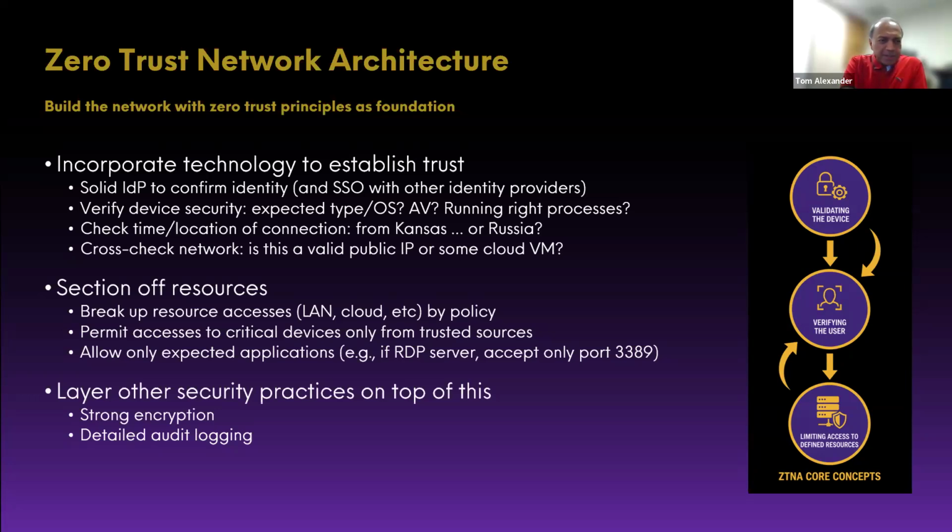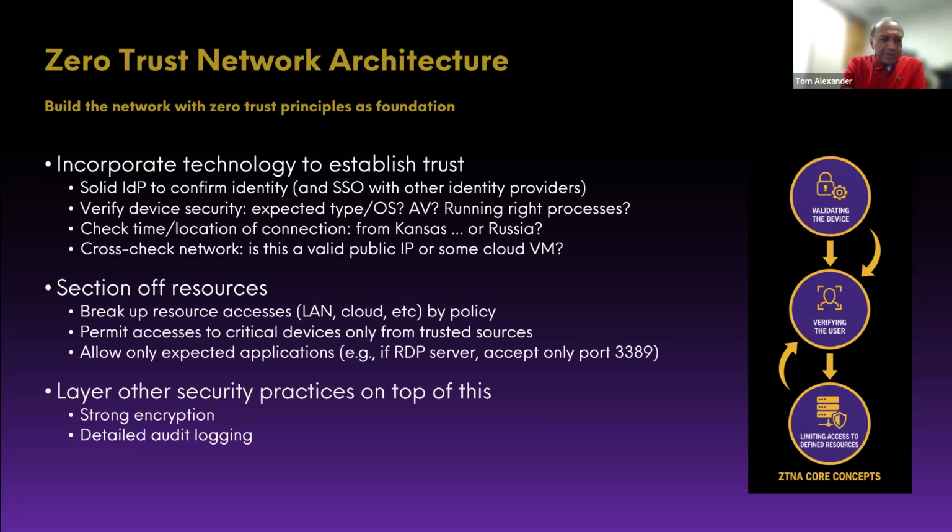Once the trust is established, then it is possible to start breaking off resources. So you can break up the access by policy. If you've got a set of fairly critical servers, devices, whatever, then you can say those accesses only come from these trusted sources, and you're only allowed to use those applications when you're accessing those servers.